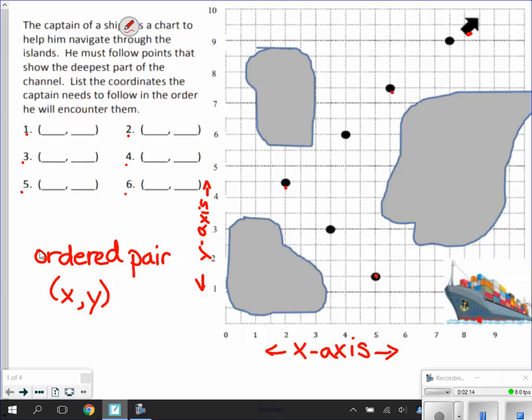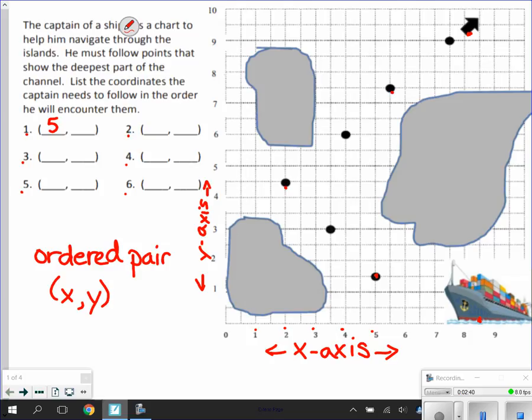So I want you to think about what is the number where it's located on the x-axis. So what you do is you go across the x-axis this way, and it's located on the 5. So the x-coordinate is 5. And how many up does it go?